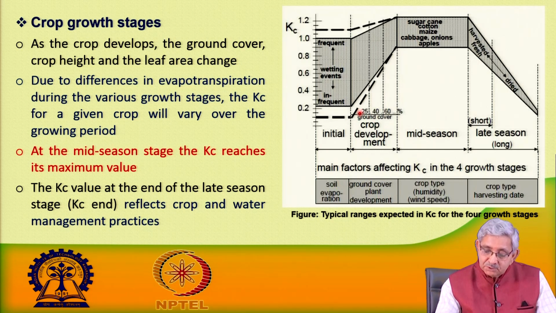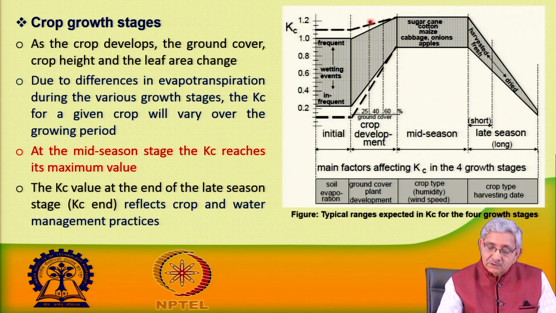Then when it comes to the crop development stage, you can see here there is a considerable change in the value, and then humidity or wind is also a factor, which gives this nature.